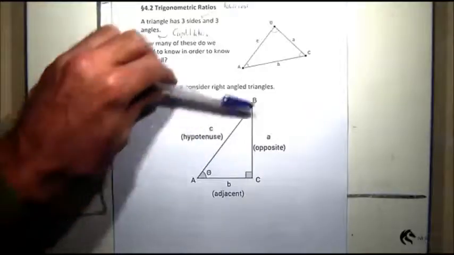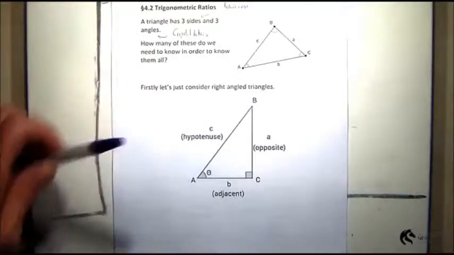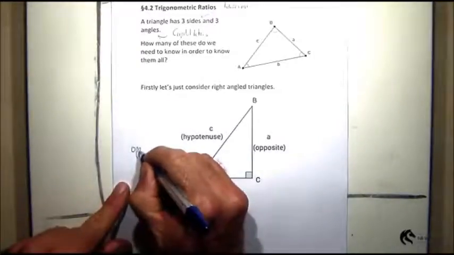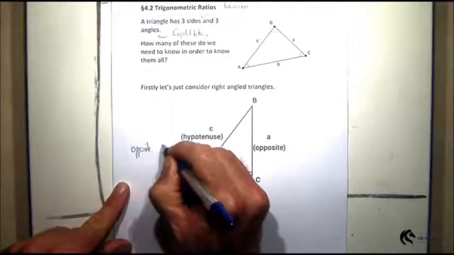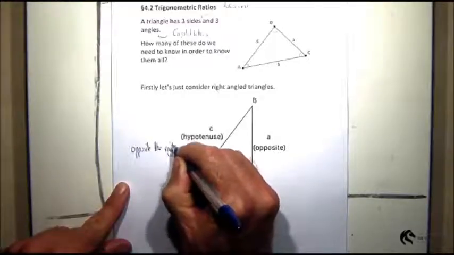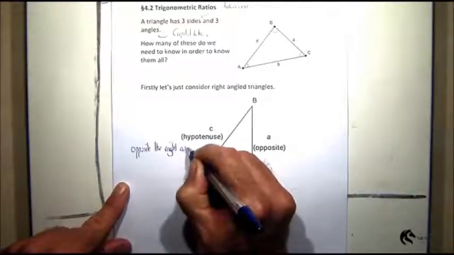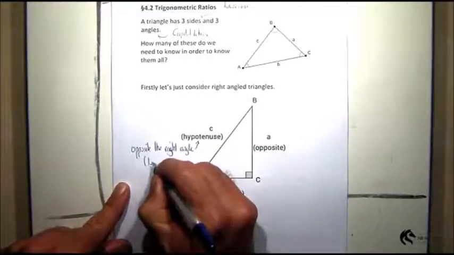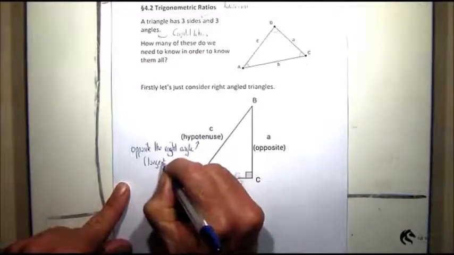It's the longest side. So the hypotenuse is always opposite the right angle, and it's always the longest side.